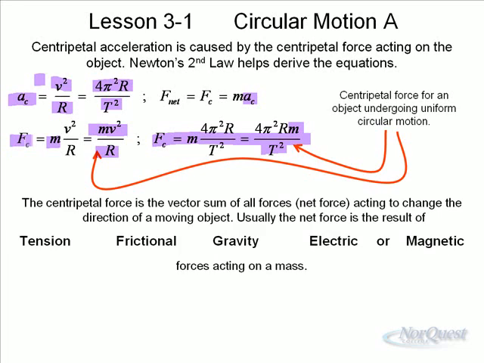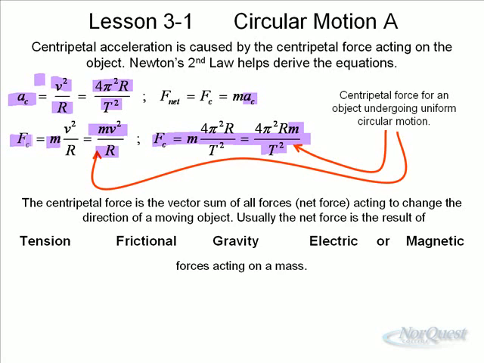All right, so the centripetal force is the vector sum of all forces acting to change the direction of a moving object. And it's a result of sometimes tension. If you have a yo-yo that you're spinning around, there's tension in that rope. Sometimes it's due to friction. When you want to turn your car, you turn your wheels and the wheels push against the road, the road pushes back, and that friction turns your car into a circle.